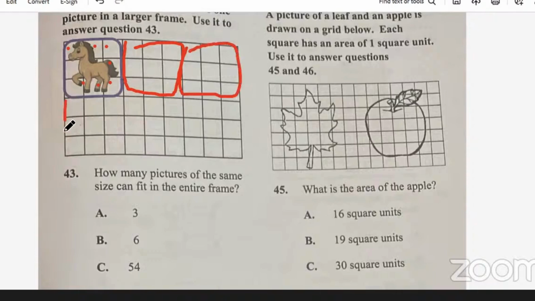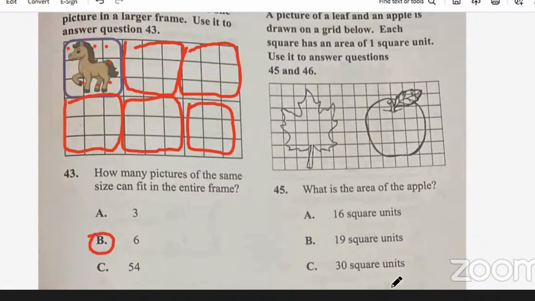And the same thing here. So hope you guys are counting with me. Okay, and so it would have been B. All right, let's get to the next question.